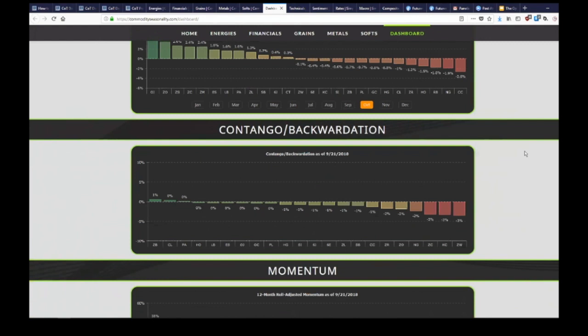Right now, a lot of curves are flat, but where that's not the case is in corn, coffee, and wheat. That's where contango is quite steep. If you have a reason to be long, just be aware of the cost of rolling that position because it's pretty significant.